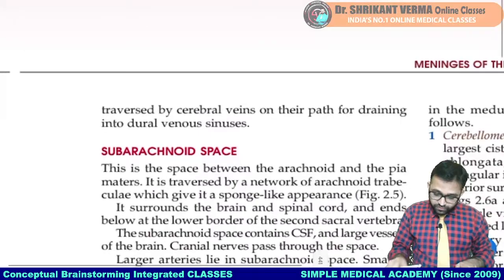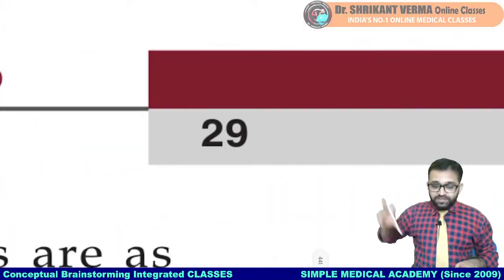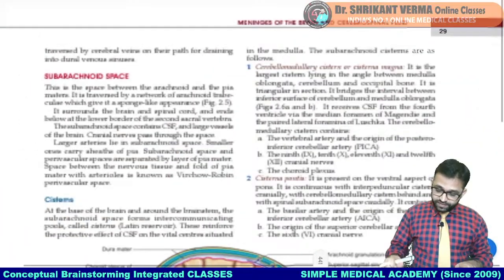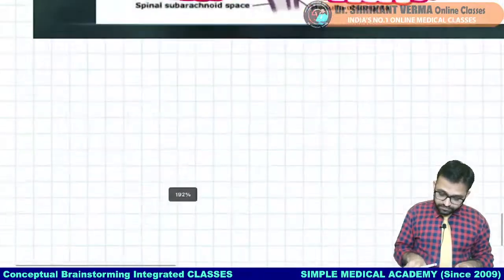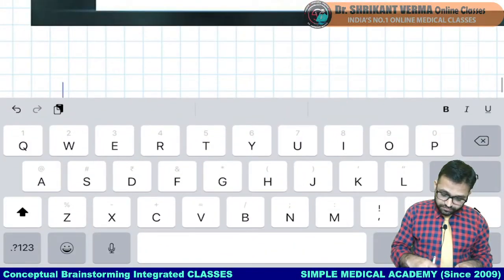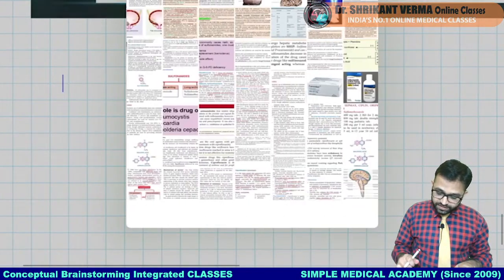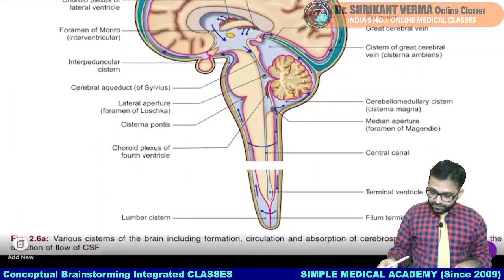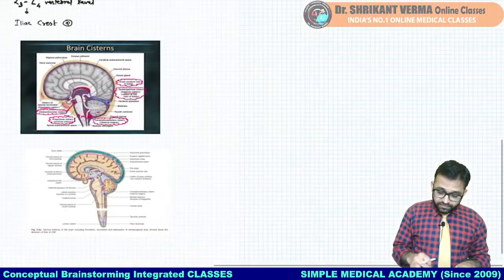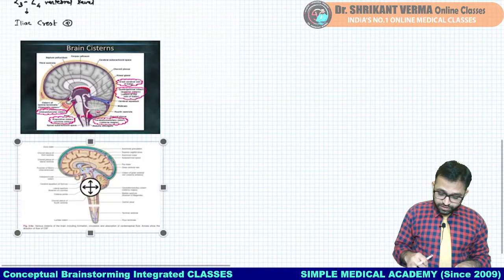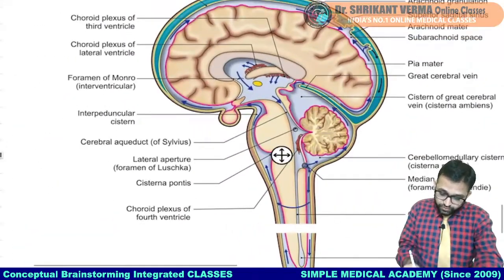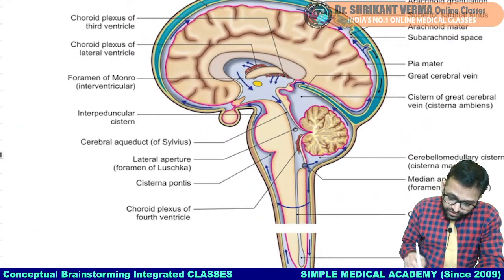Yes, you can follow page number 29. Fine. So here this image is given. Please follow this image from BD Chaurasia sir, 4th edition, neuroanatomy portion. So what are the different cisterns which are seen here?